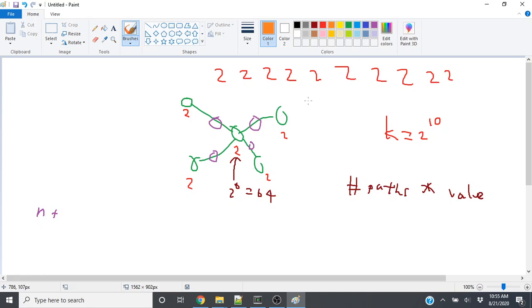Let's say, for example, this has subtree size 7, this has 5, this has 2, this has 4. Then there are 7 times 4 ways to go from here to here. There are 5 times 7 ways to go from here to here, 5 times 2, 2 times 4, and we also need to consider 2 times 7 and 5 times 4.